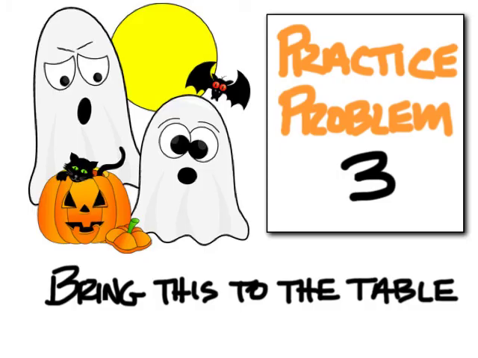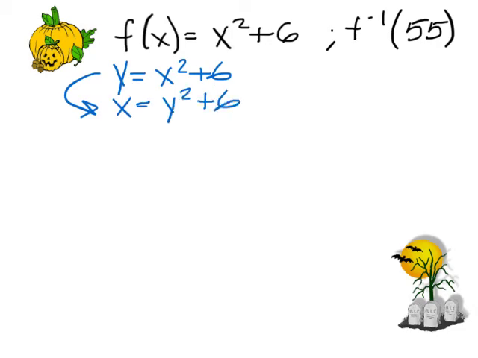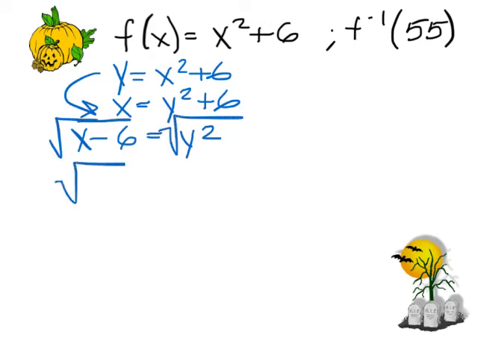Practice number 3. This should be y equals x squared plus 6, but interchange x and y. And then solve for y. Now we need the square root of both sides. So you're left with this.